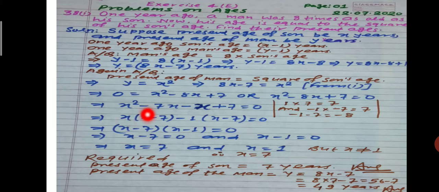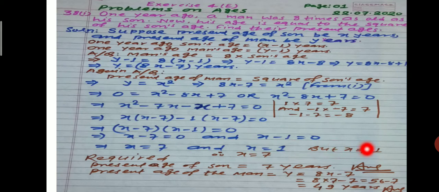Now x is common, then x minus 7 will be here, and minus 1 is common, then x minus 7 will be left here, equal to 0. Now x minus 7 times x minus 1 is equal to 0. This implies that x minus 7 is equal to 0 and x minus 1 is equal to 0. This implies that x is equal to 7 and x is equal to 1.